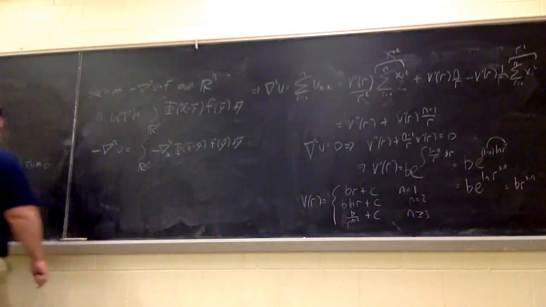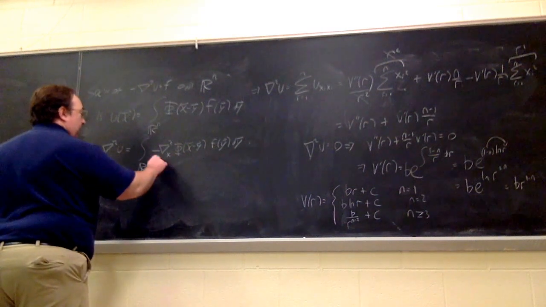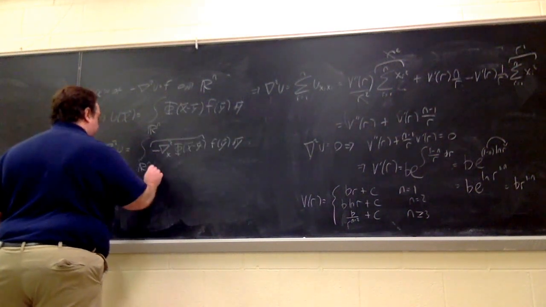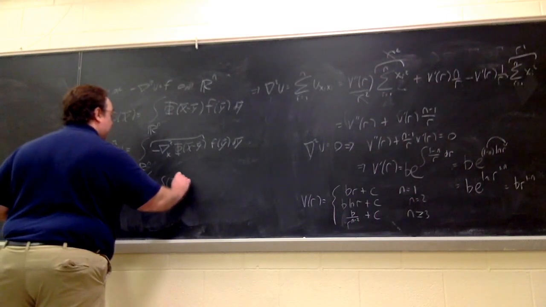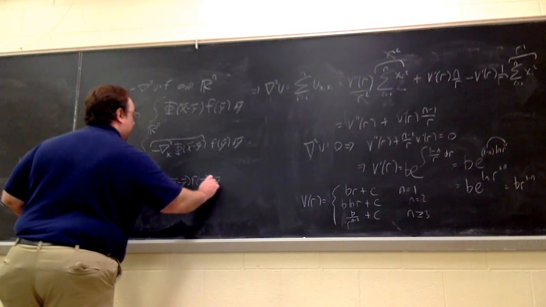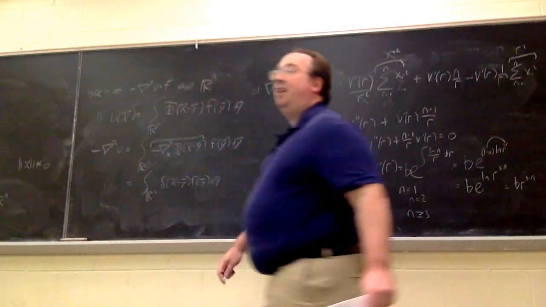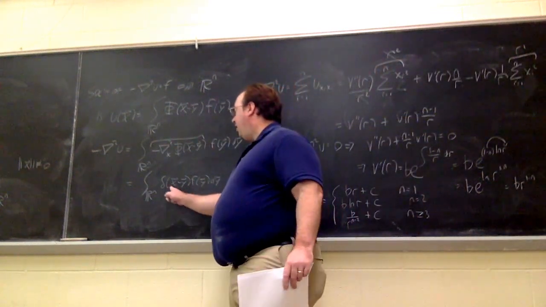And what I end up getting is, well, this is the delta function, delta of x minus y, f of y, dy. And what this delta function does is select the value of this function at the point where this argument is equal to 0.